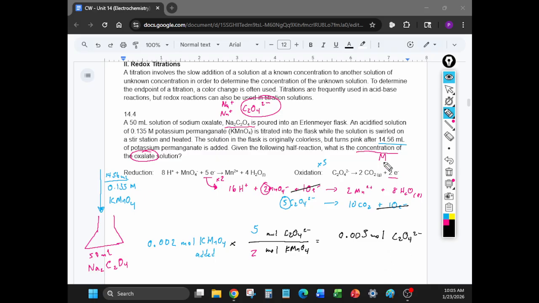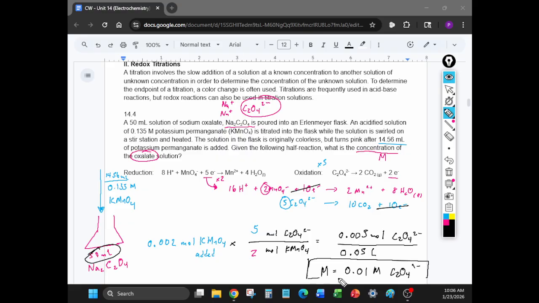And we're not looking for moles, we're looking for molarity, and we know that molarity is moles divided by liters. So we take the moles divided by the volume that we had originally, which is going to be 0.05 liters. And so we end up with a molarity of 0.1 molarity C2O4 2-.